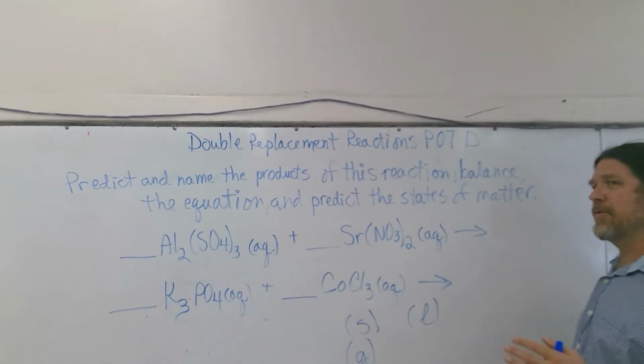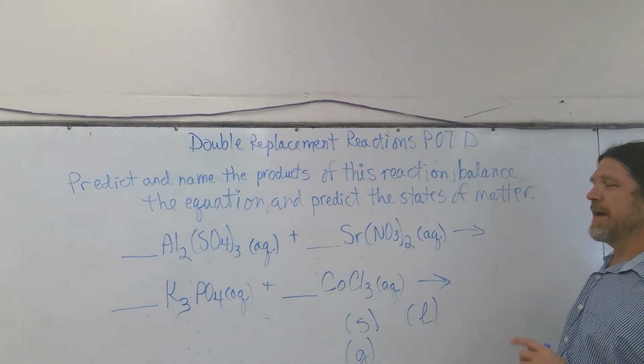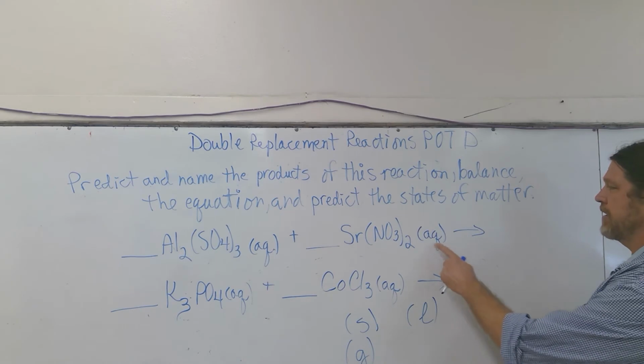So you're going to have to go look up in your online textbook, which you need to be doing some anyway, and find that chart to do the final part, which is to predict the states of matter.